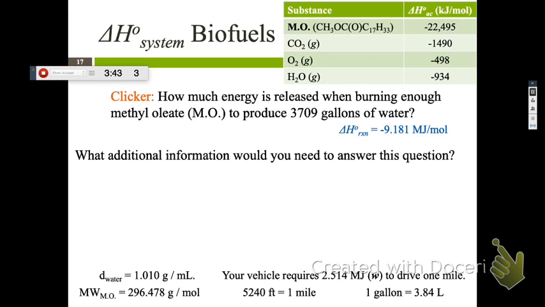Oh, megajoules for every mole of methyl oleate.